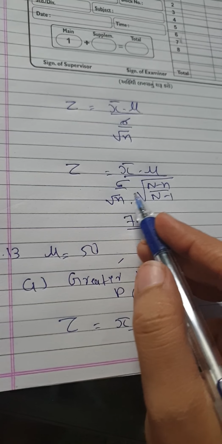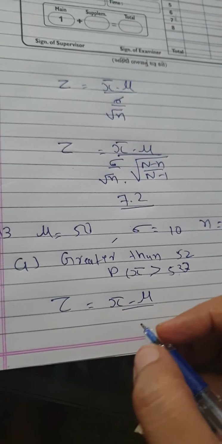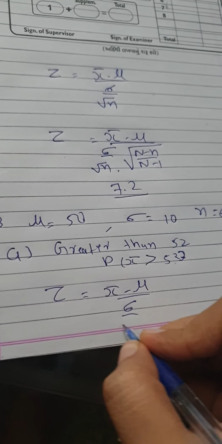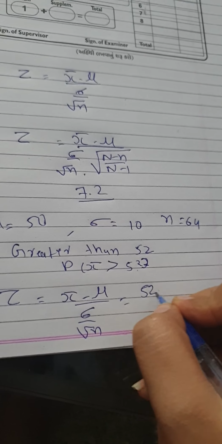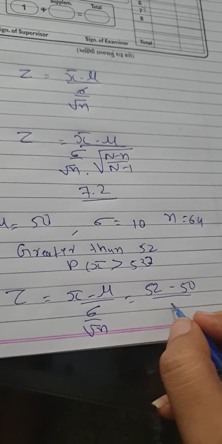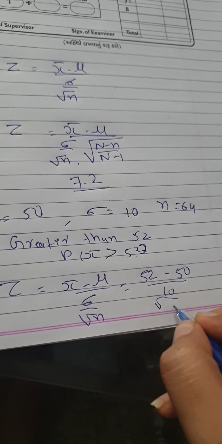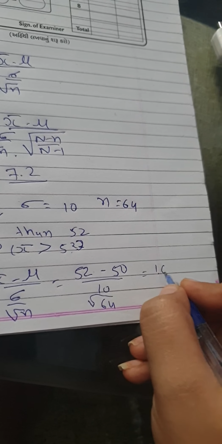Here capital N is not given, so we will use this formula: x bar minus mu upon standard deviation upon root n. Your x bar is 52, mu is 50, standard deviation is 10 and small n is 64. So the value will be 1.64.